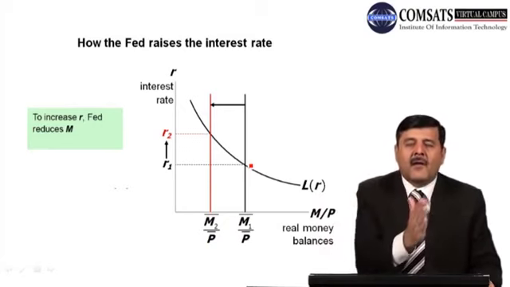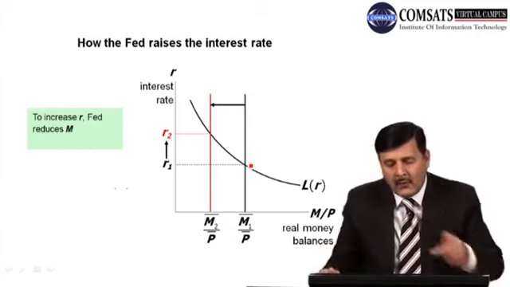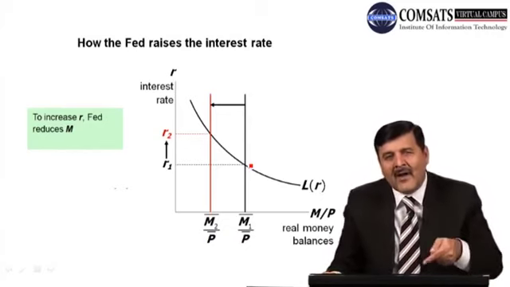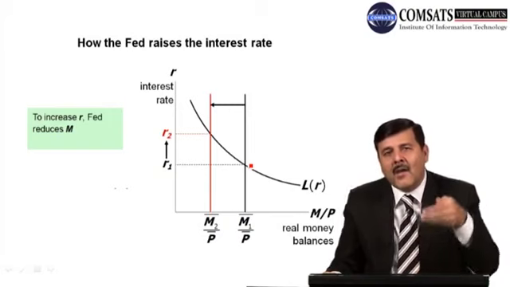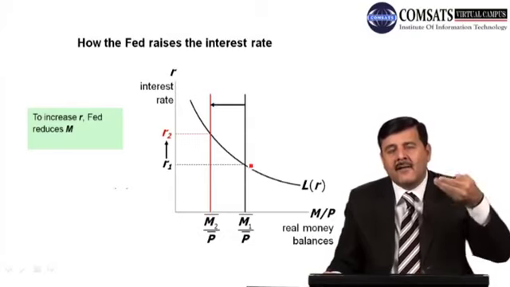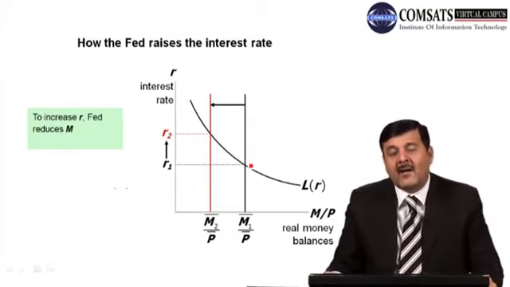Money supply में कमी वाक़ई हो जाएगी, right? From M1 bar over P to M2 bar over P, जो कि आपको सामने रेड लाइन में नजर आ रहा है. This is the new money supply curve, because the Fed or the central bank wants to raise the interest rate. In order to raise the interest rate, they have to reduce money supply in the economy.